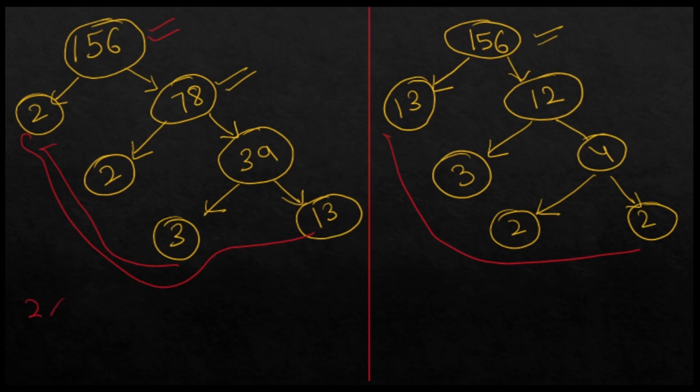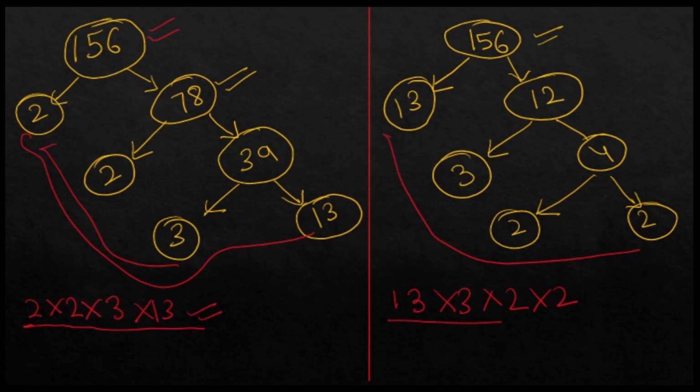In this, the order is 2 multiply 2 multiply 3 and 13. In this order, 13 multiply 3, 2 and then 2. In this example, factors are occurring in this way, and in this example, factors are occurring in this way. Both result in the composite number 156.